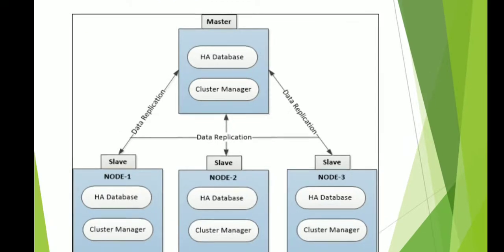You can see the master connected to the slave nodes, and all the nodes, whether master or slave, have a high availability database, HA database, along with the cluster manager. Whenever data has to be replicated, the master communicates the data replication to the slave nodes, and the slaves also intercommunicate with the master node.